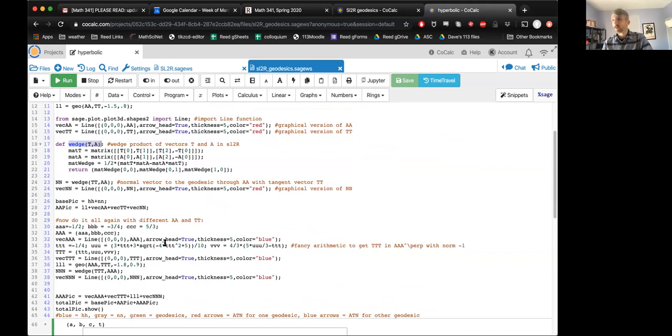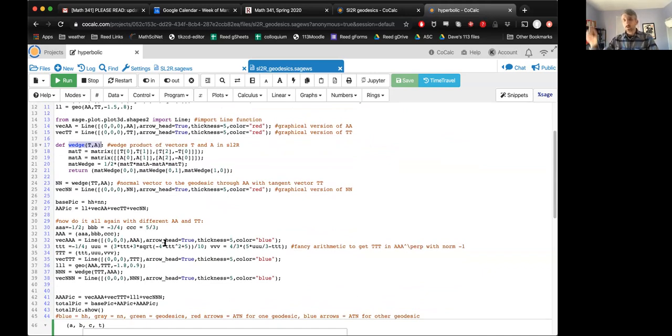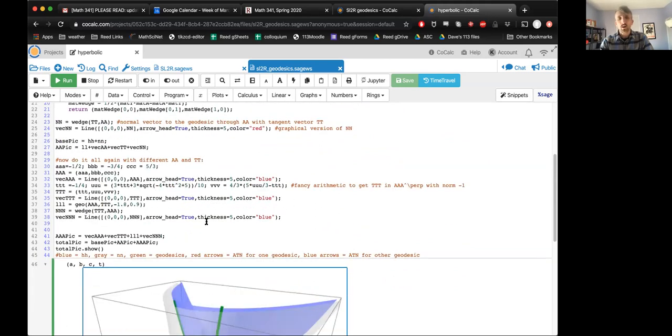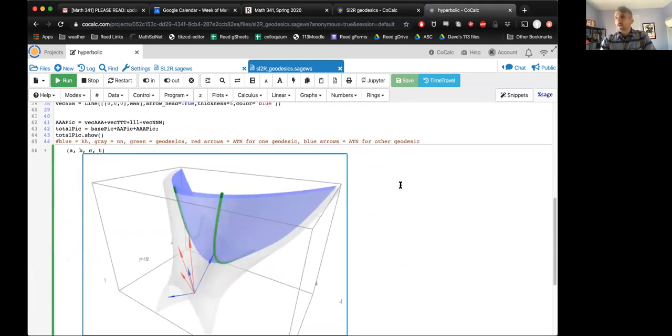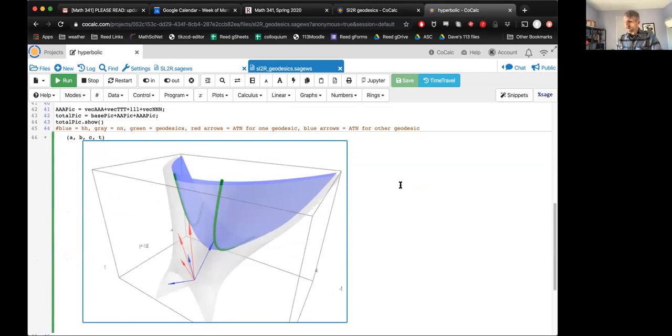I do think it would be pretty cool if you had a system where it was interactive and you could move A around and then move T around and then have it generate the associated geodesic and normal vector. But I didn't get around to that. And I think that would be substantially more work on the programming end. All right, so any questions on just A, T, and geodesics, that stuff?